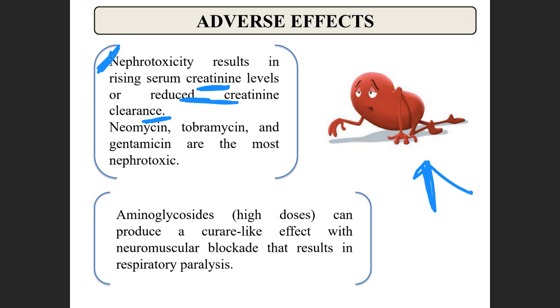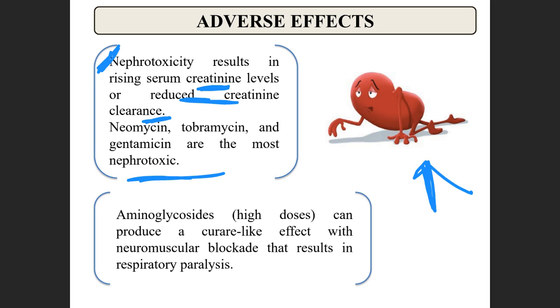The drugs like neomycin, tobramycin, and gentamicin are the most common causes of nephrotoxicity when these are used systemically. That's why gentamicin is more commonly given as ear drops or eye drops in eye infections.